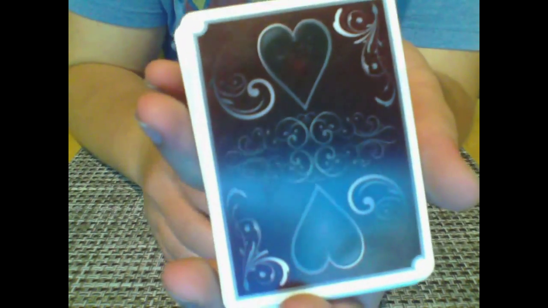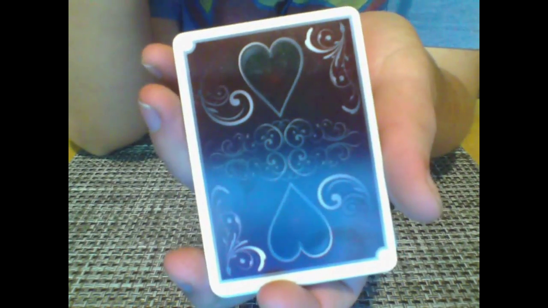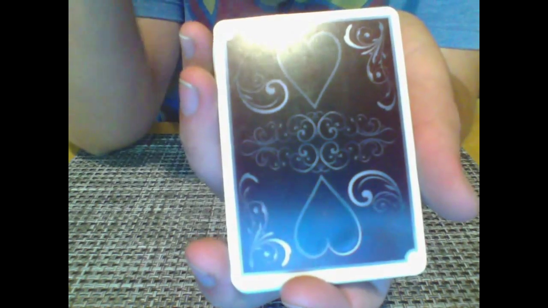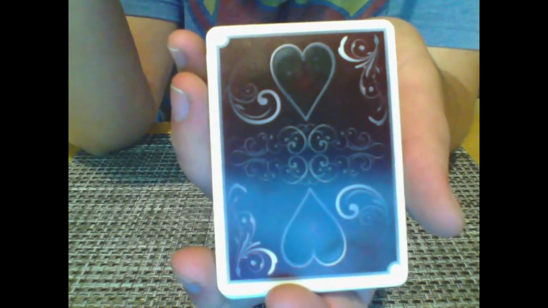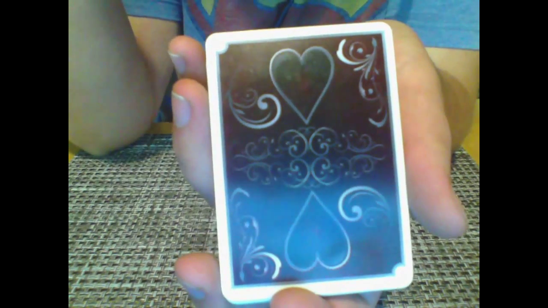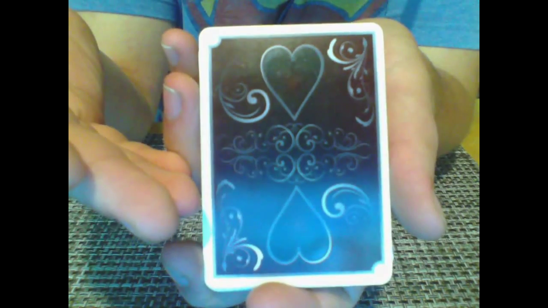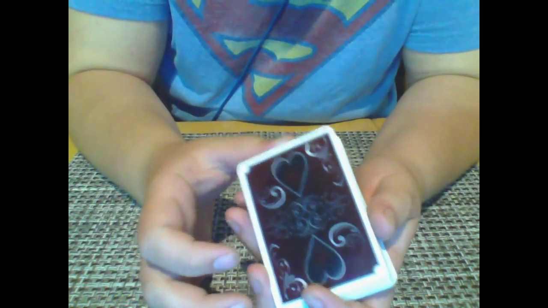It has two hearts, one right there and one right there, with a bunch of designs in the gradient. It's a little bit darker than I had originally planned, and the reason is that the design I made on the computer was in RGB, and when I printed it at the company, they print in CMYK, which, long story short, made the back a lot darker than I intended, but you live and you learn.